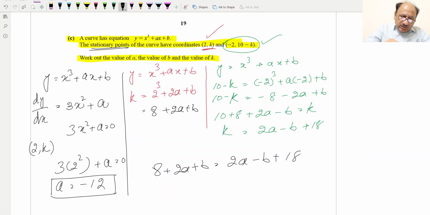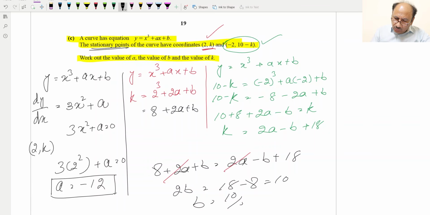Now 2a we can cancel, which is on both sides, and we can send this minus b also to the other side, so it will be 2b is equal to 18 minus 8, which is equal to 10, so b will be equal to 10 over 2, which is equal to 5. So b is equal to 5. This is the value which we got.